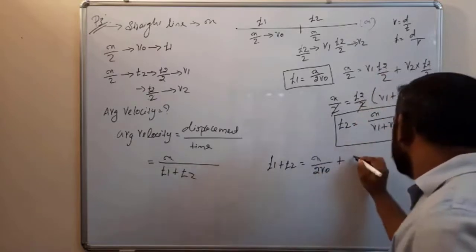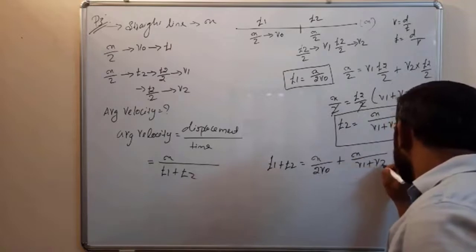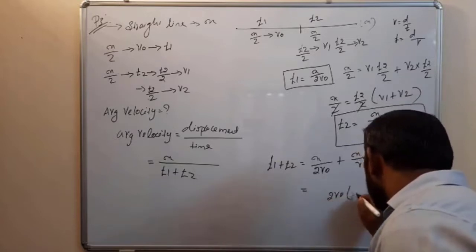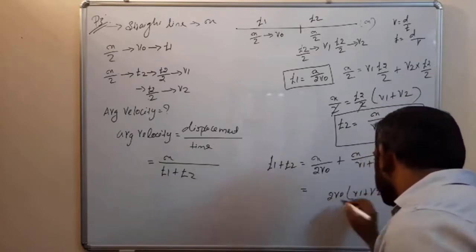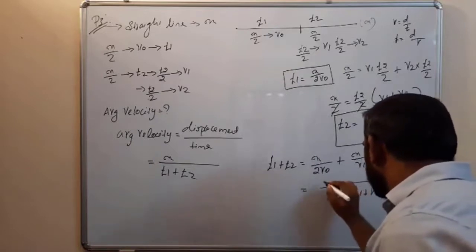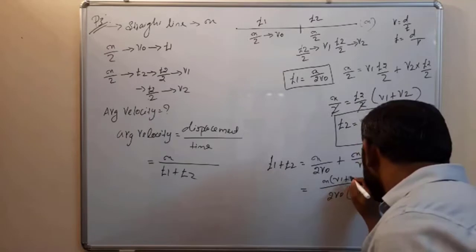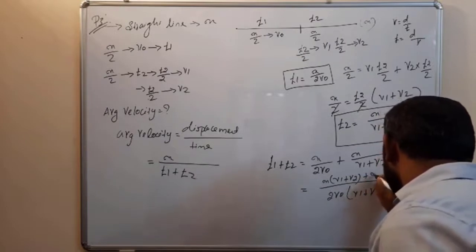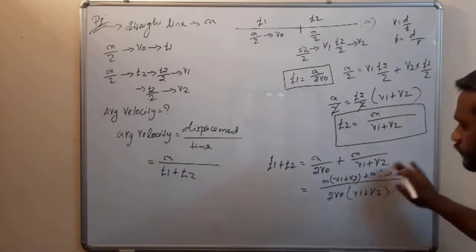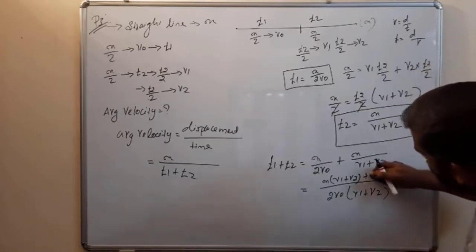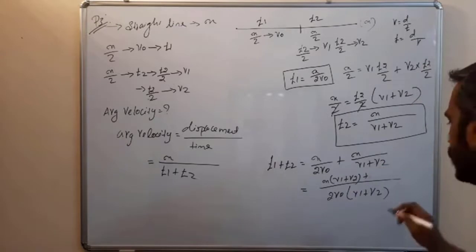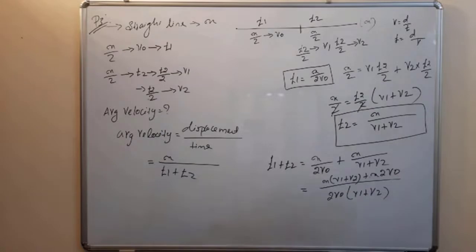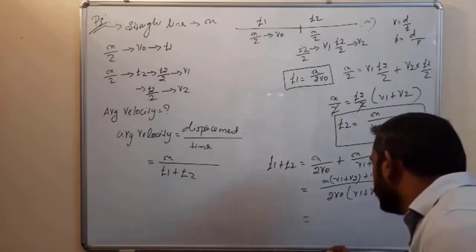x by 2v0 plus x by v1 plus v2. So that's equal to x into v1 plus v2 plus x into 2v0.